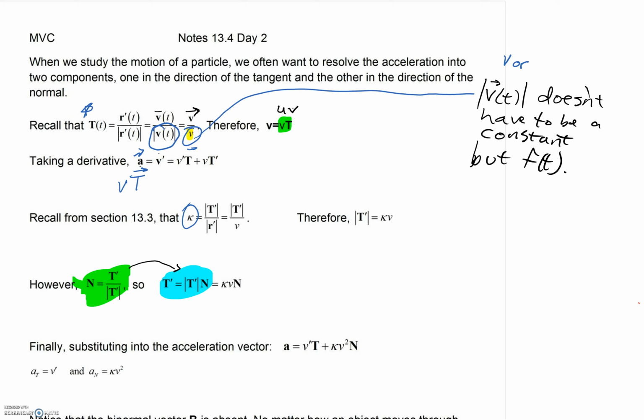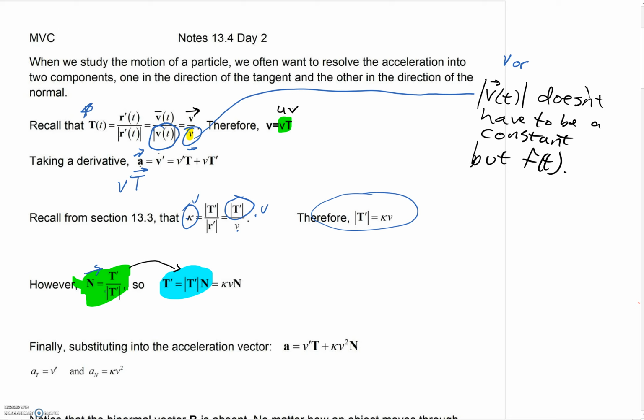So what are we really getting at? We're seeing that solving for this T prime's length, we can say that would be kappa times v if we just multiplied by v on both sides. So here we have this. But here's the connection. The normal vector was T prime all over the length of T prime.